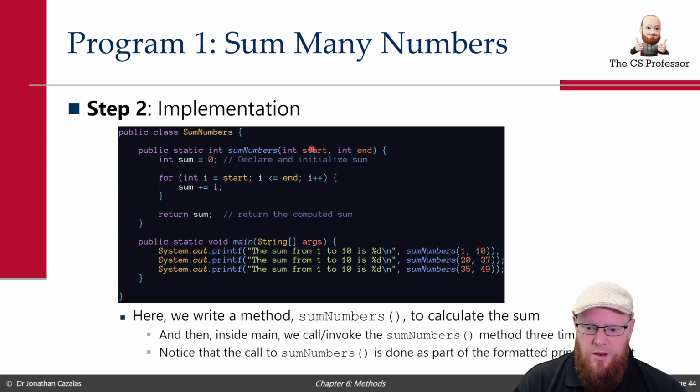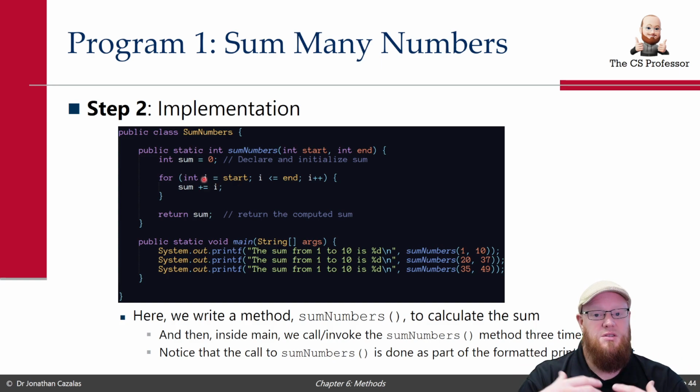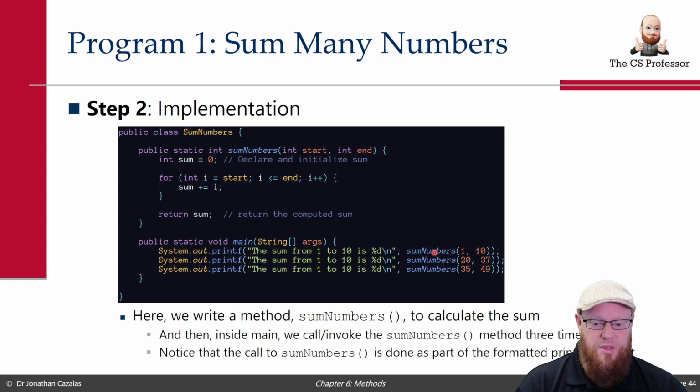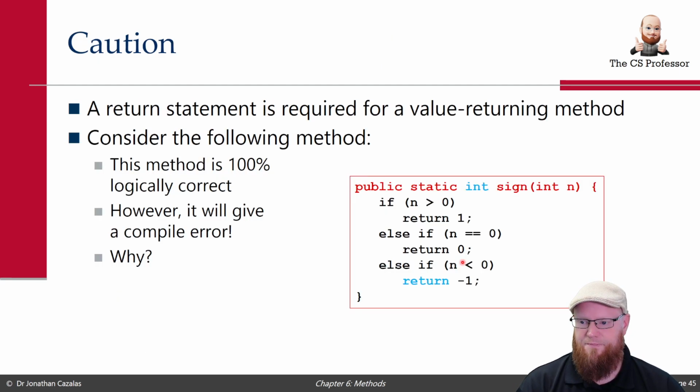I'm sending the 1 up to start. I'm sending the 10 to the end. This particular method is going to sum those values from 1 to 10, and then it's going to return the answer, which is, I believe, 55, and that will then print. And we do it again for the second printf statement and for the third formatted printing statement.